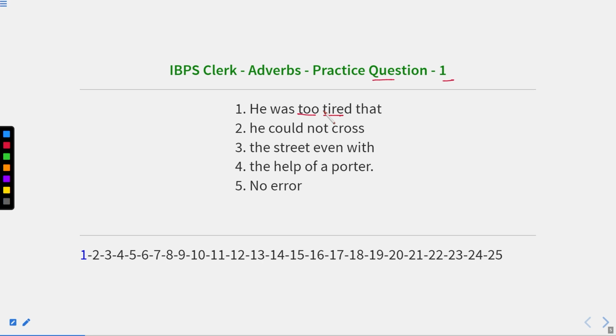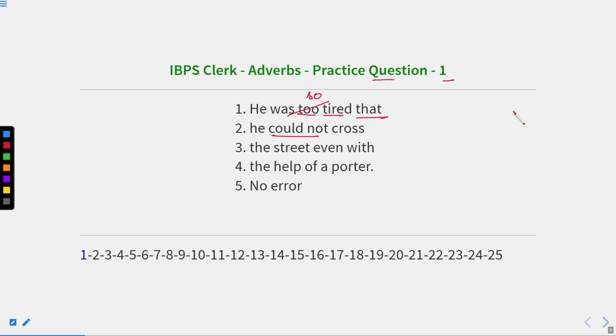So that is explaining why, what is the reason. So this too will be replaced with the word so. So is the correct adverb to be used over here. That makes the sentence: he was so tired that he could not cross the street even with the help of a porter.